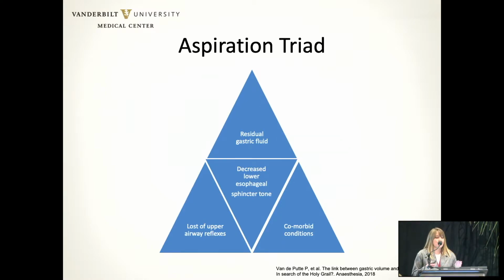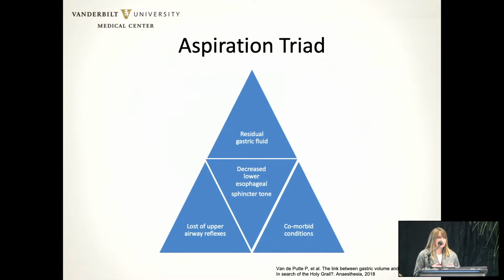Just as a reminder, what factors need to be present for aspiration to occur. There needs to be sufficient volume in the stomach for that to be regurgitated. There needs to be decreased tone of the lower esophageal sphincter. And then we need suppression of the upper airway reflexes, or absent upper airway reflexes.